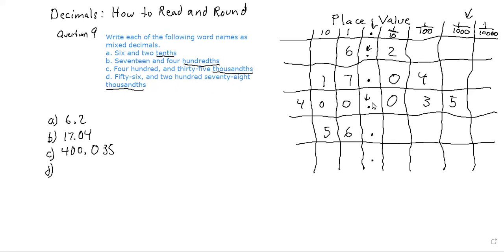So we're going to go to the thousandths place, which is, again, this column here, and we're going to write that number out. 8 is the last digit. So our number is going to be 56.278. And there we go. So these are our answers.